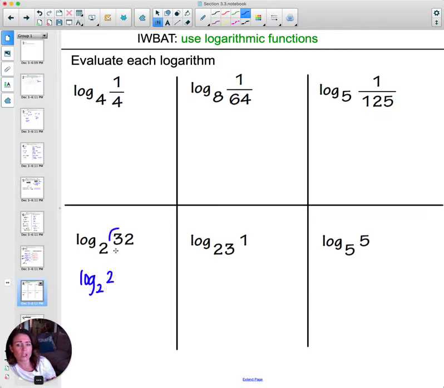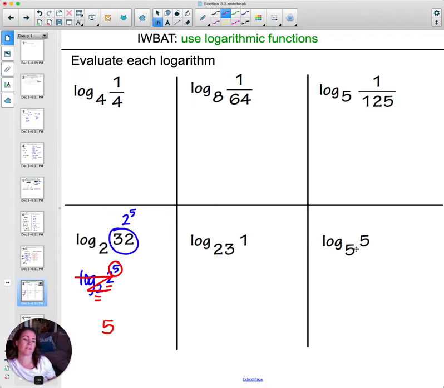So 32 is 2 to what power? Well, it's 2 to the 5th. So we can rewrite it like this. And then you notice that the log base and the exponential base match. So those are going to cancel and you're going to get back 5.